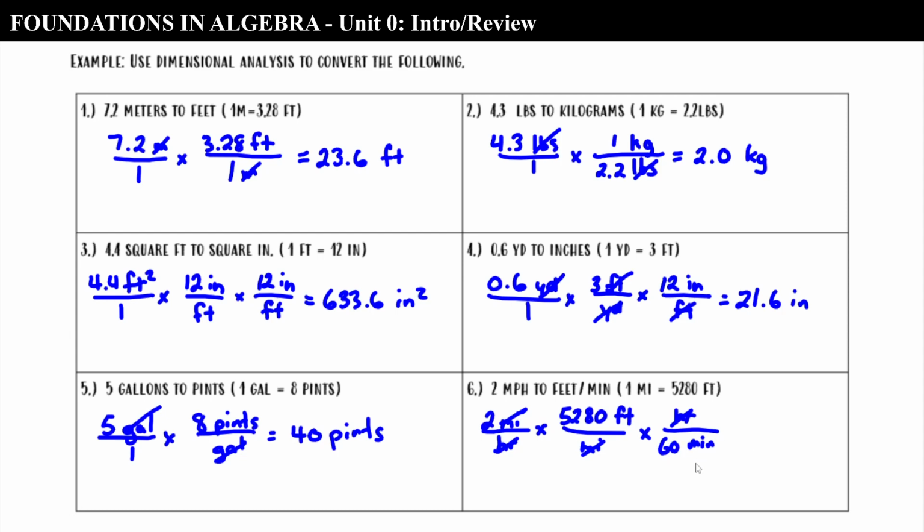The way you're going to put this into your calculator is you're going to put the top first, 2 times 5280 divided by 60. What that's going to end up giving us is 176 feet per minute.